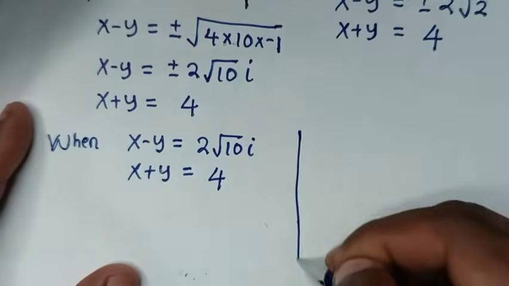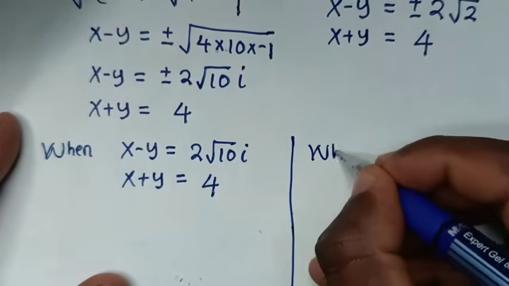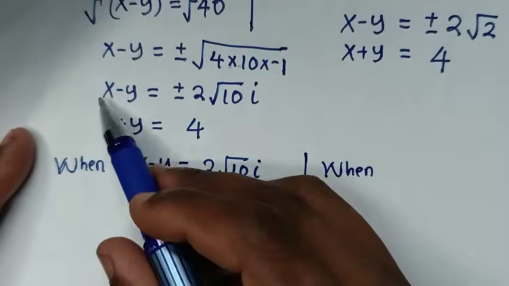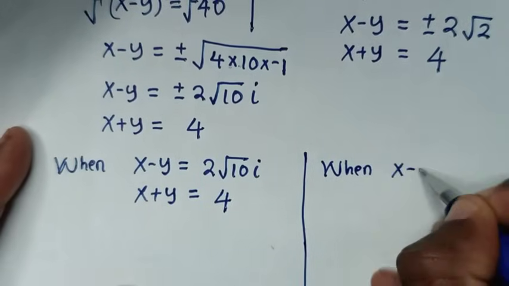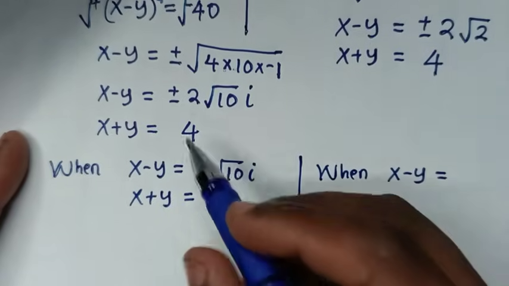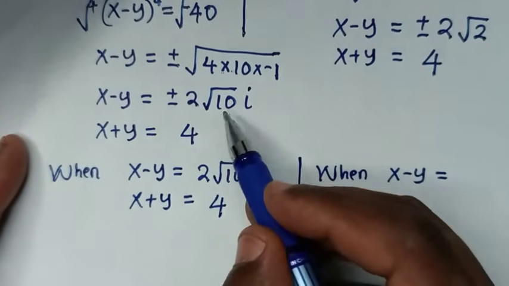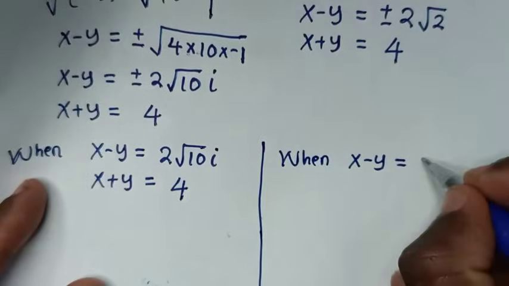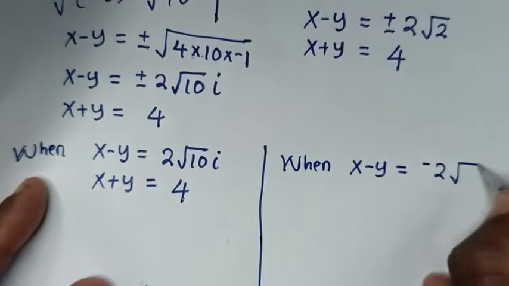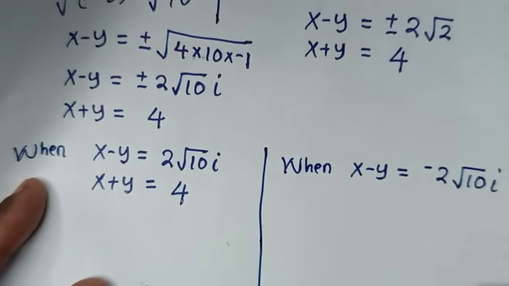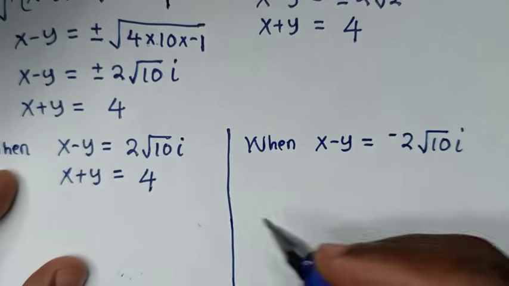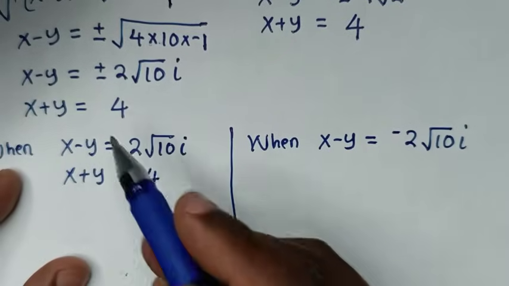And another solution is when x minus y is equal to negative 2 square root of 10i. So in here negative 2 square root of 10i. Then x plus y is equal to 4.